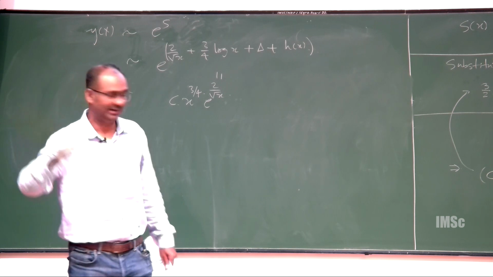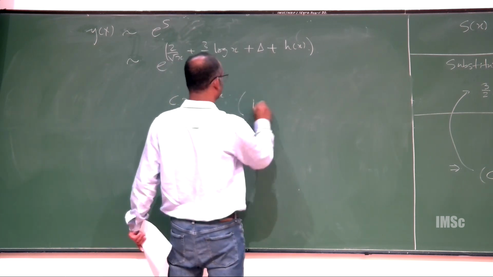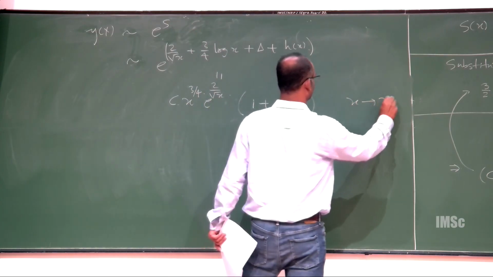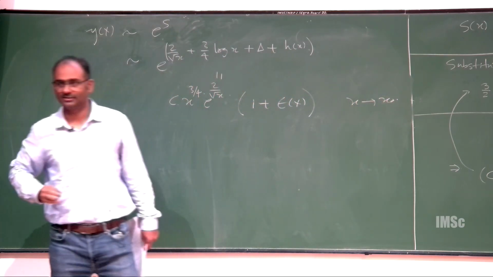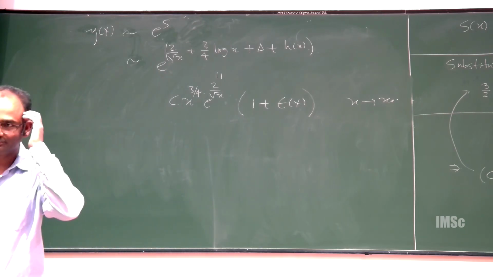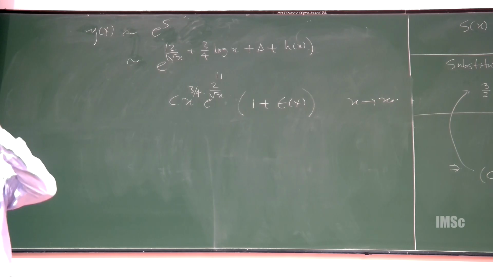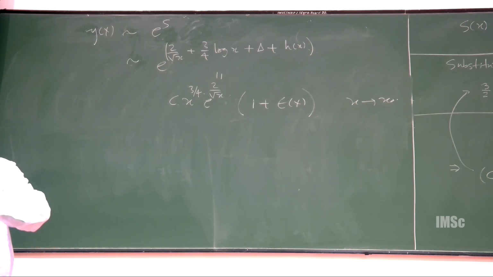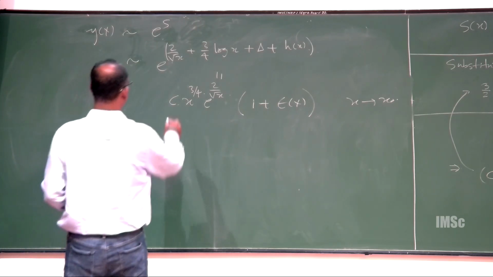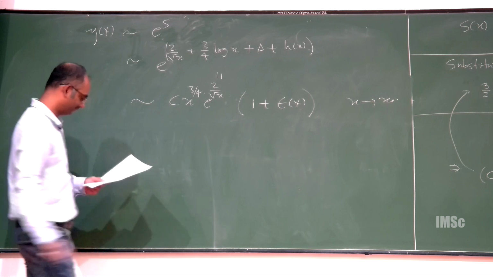So e to the something which vanishes, which I can write as 1 plus epsilon of x, where epsilon of x is a function which goes to 0 as x goes to 0. You can be happy at this point of time. You have the local behavior of the solution, even though we didn't know how to exactly solve this. Okay, so some result we have. And of course, there will be some constant here. So that's the behavior.